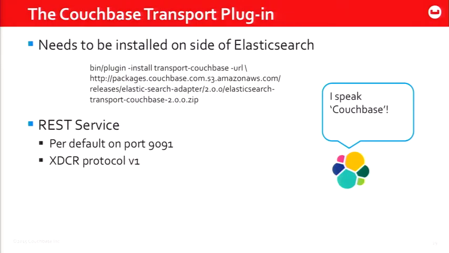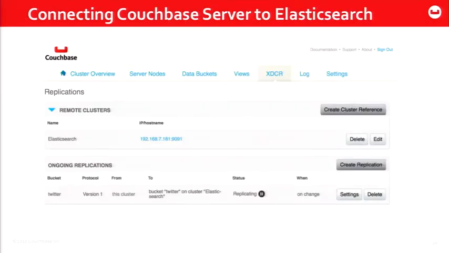Currently in version 2.0. And our Couchbase adapter is basically a REST service, which is listening on port 1991. And what's maybe important if you set it up, because it's using REST, you have to say when you set up the connection that it should use the XDCR protocol version 1. Okay.